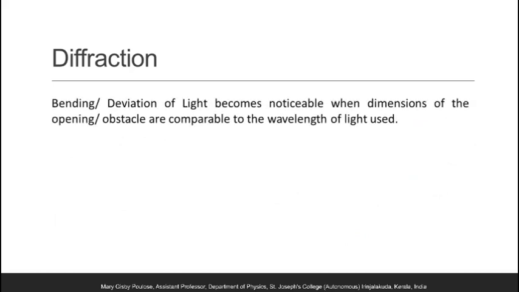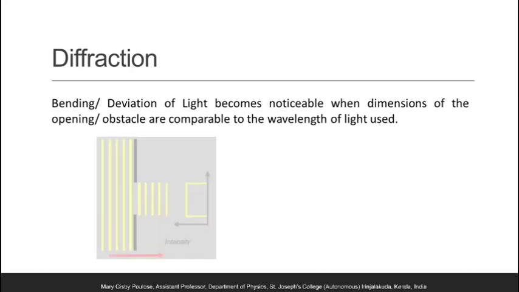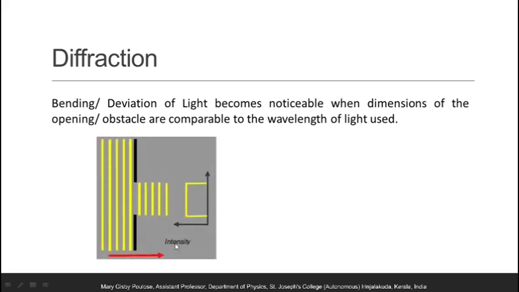Now this bending of light becomes noticeable when the dimensions of the obstacle or opening are comparable to the wavelength of light used. Here in this figure we have light falling on a slit. In between these black lines we have the slit, and light is passing through it while all other regions are blocked.